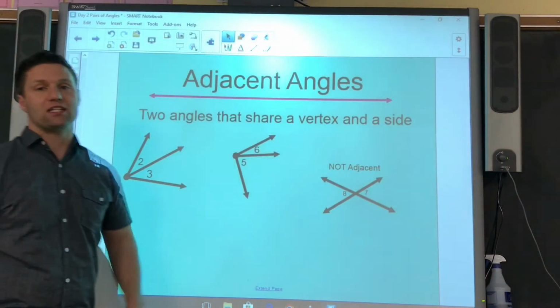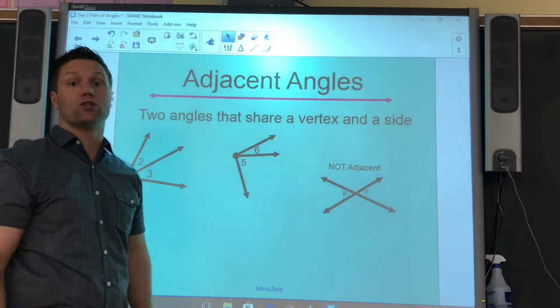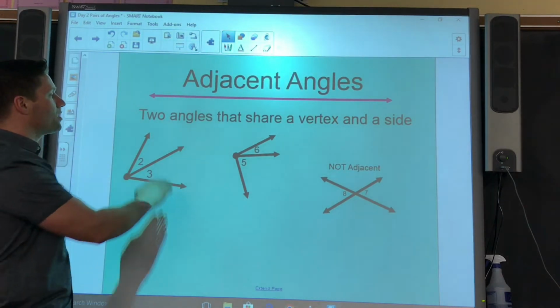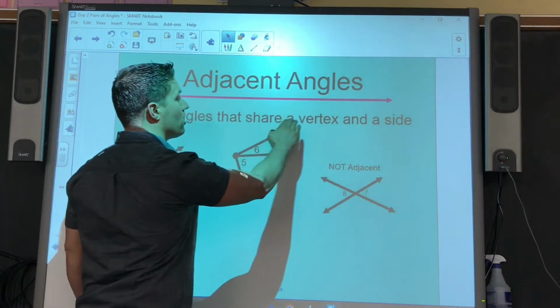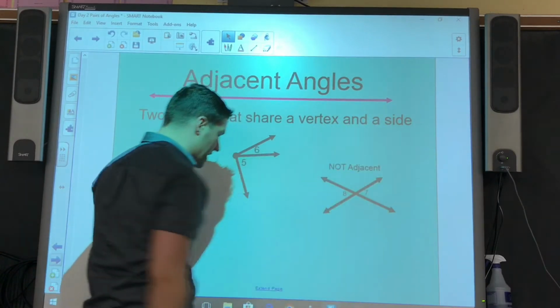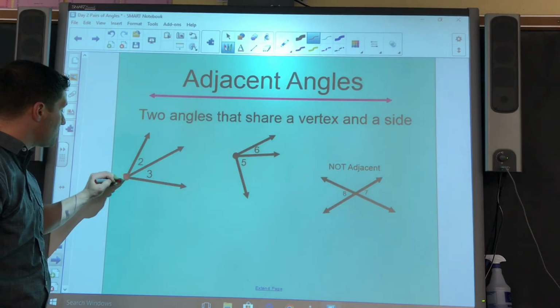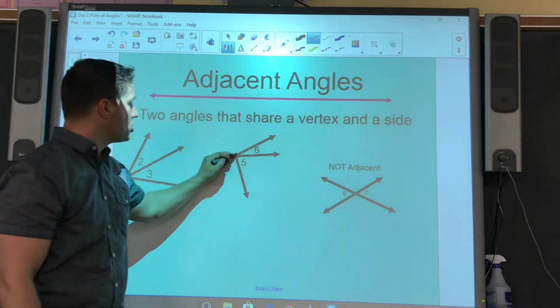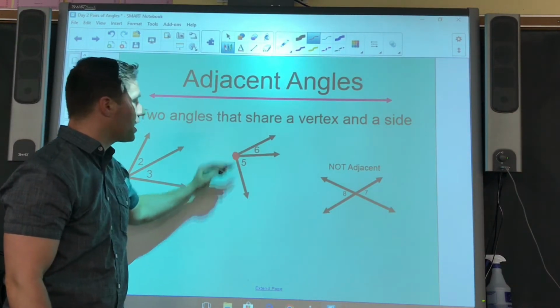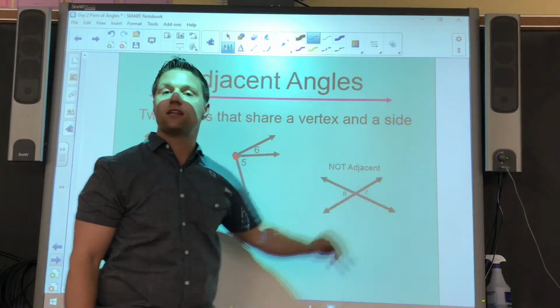All right, adjacent angles. That's the first one, according to their location. Adjacent angles are 2 angles that share a vertex and a side. If you remember from anything about angles, the vertex is that starting point down here. They share a starting point, and they also share a side.